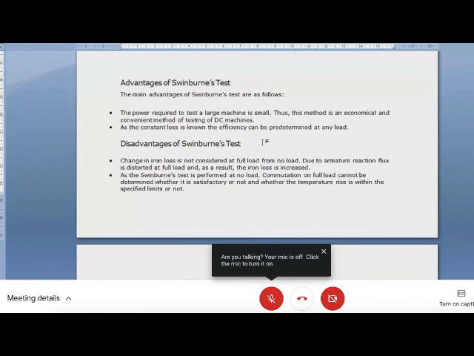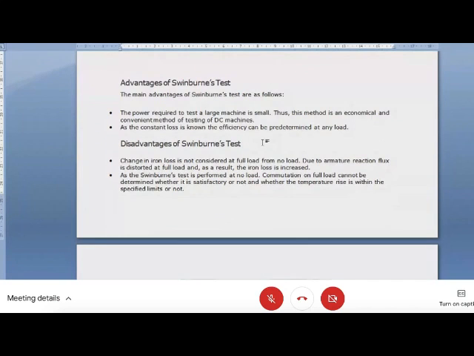And number two, the second drawback is, since it is on a no load condition, we cannot see how commutation takes place on full load. Commutation, we know, that's an important process in a DC machine, and commutation becomes very important at a full load, where a large armature current flows, and that will not be seen during the test when we go for Swinburne test.